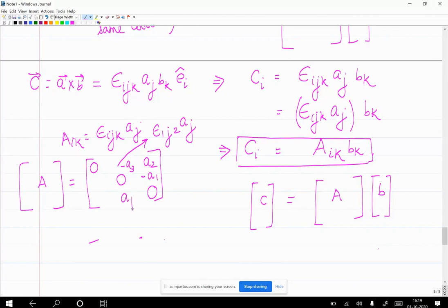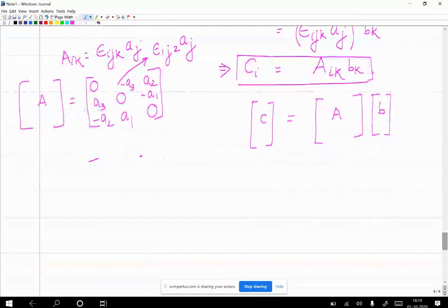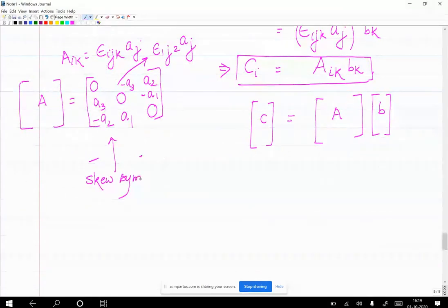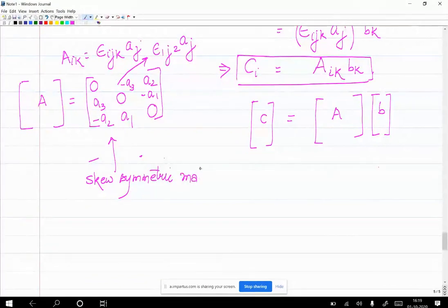And this will be a1, this will be minus a2, and this will be a3. So this matrix will be such that it's a skew symmetric matrix, a skew symmetric matrix formed by components of A.